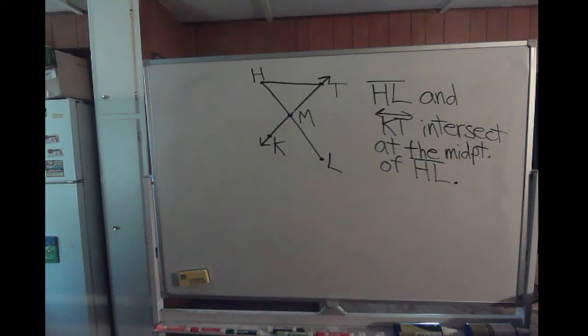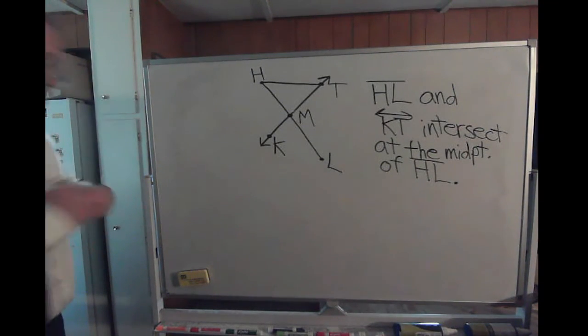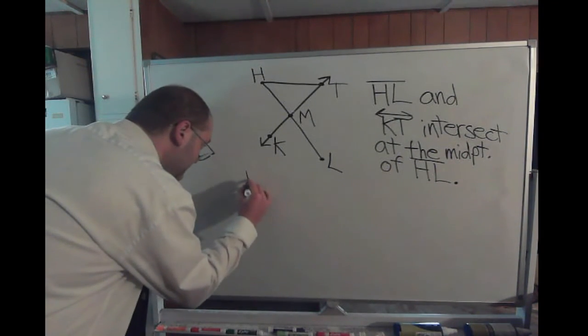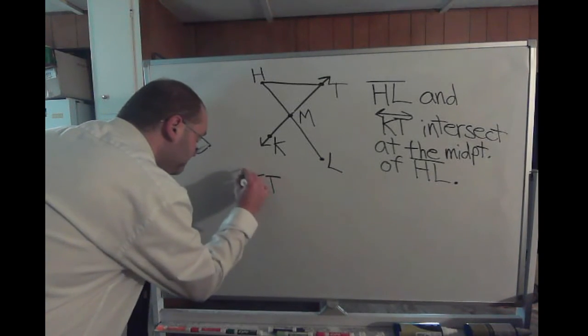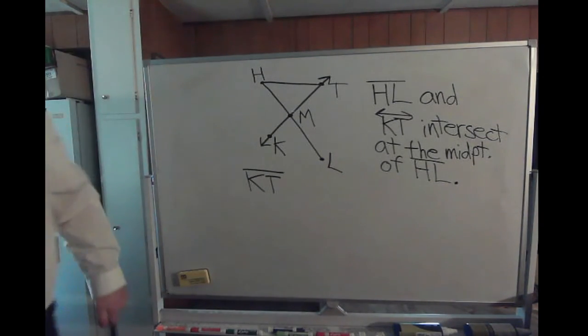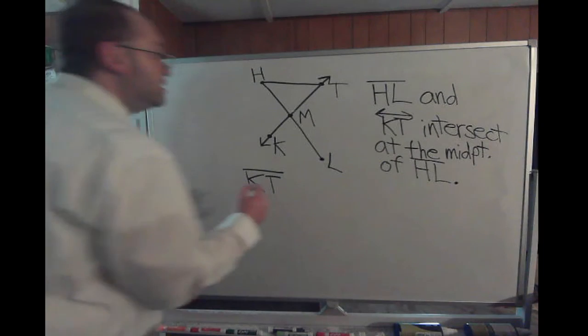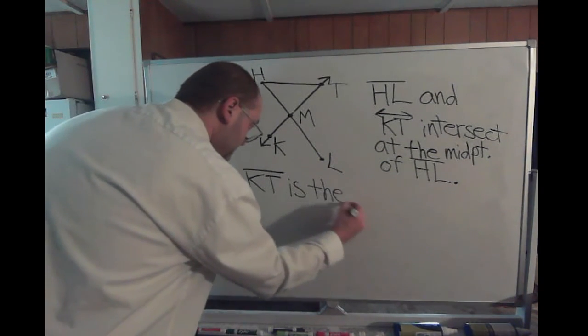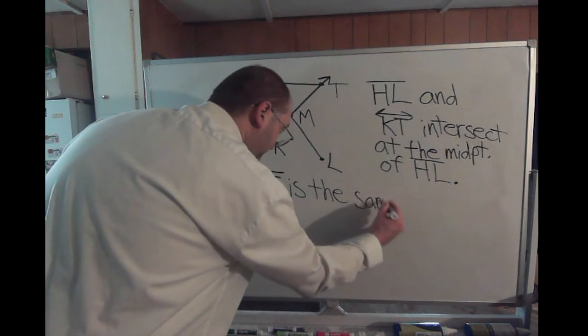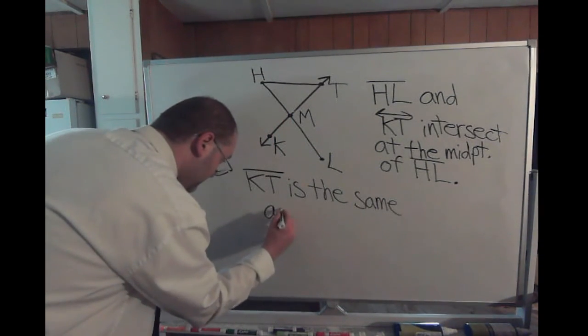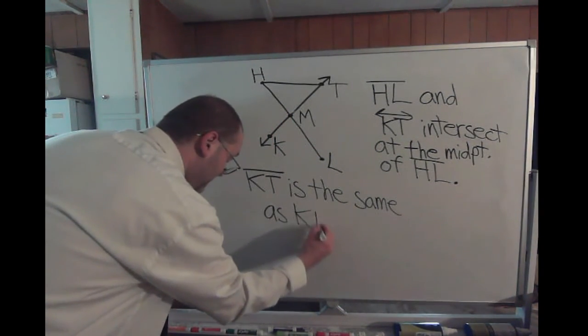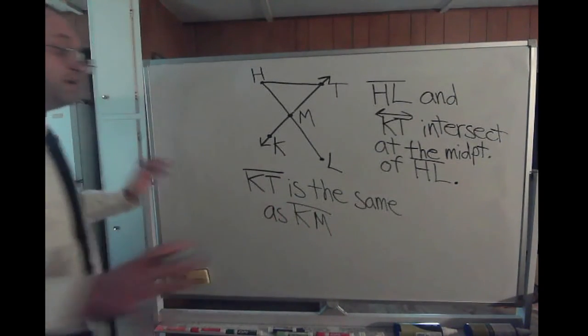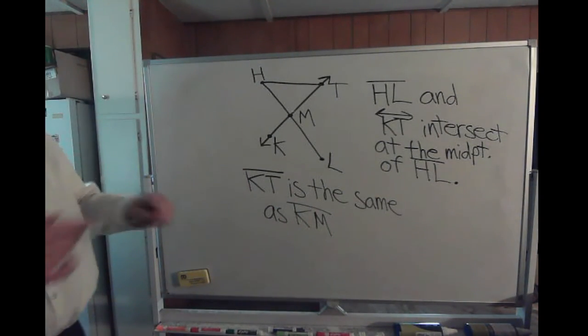Only got 5 more. We have line segment KT is the same as line segment KM. So now we're only talking about line segments at this point.